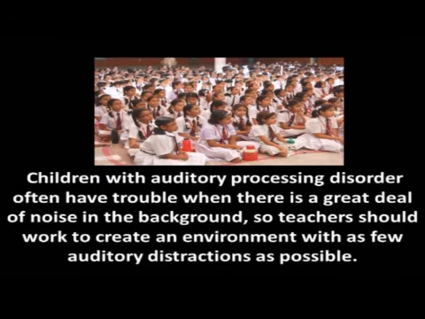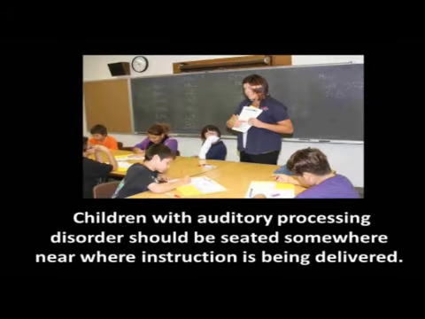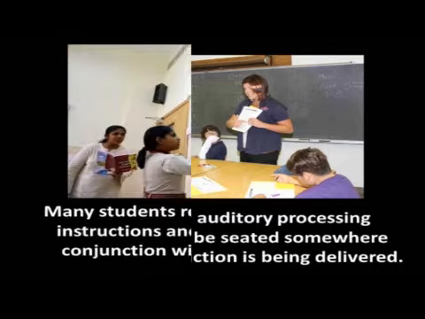Children with auditory processing disorder often have trouble when there is a great deal of noise in the background. So teachers should work to create an environment which has as few auditory distractions as possible. Children with auditory processing disorder should be seated somewhere near where instruction is being delivered.